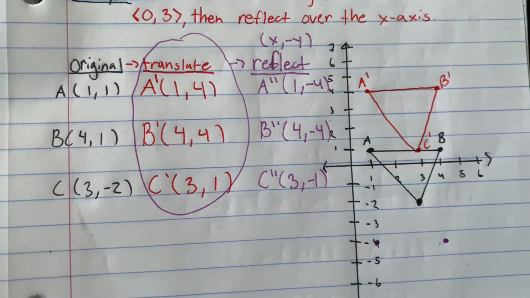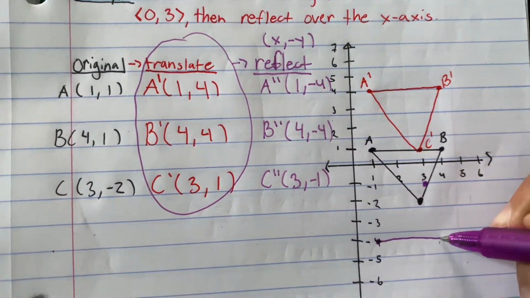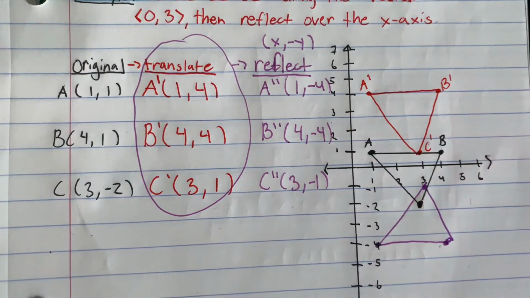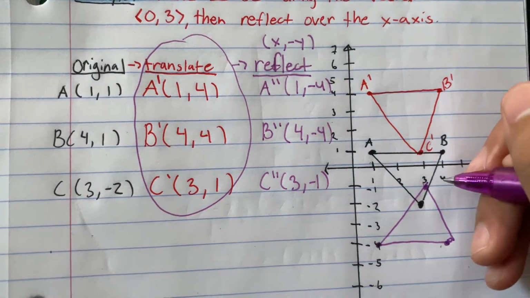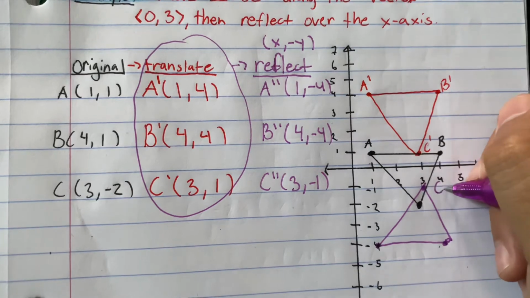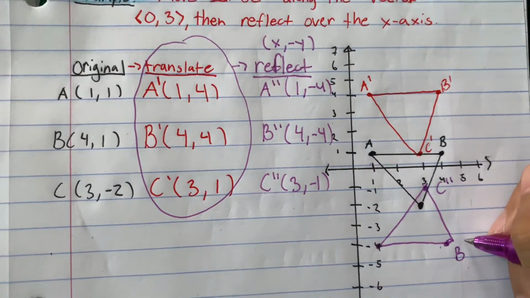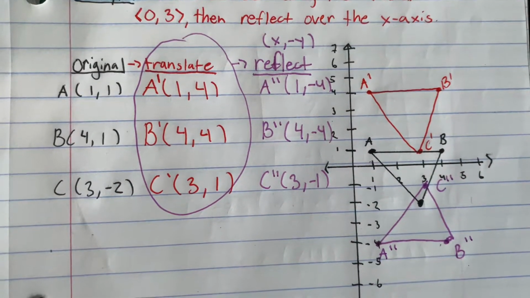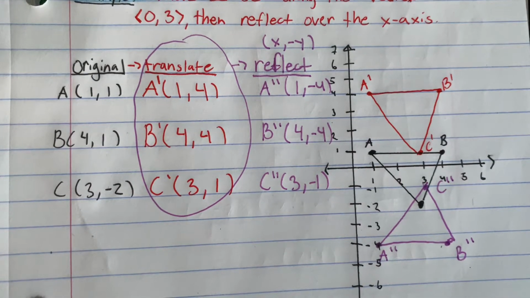And then my C is at 3 and -1. So after I did that, my final triangle, which is my purple, I tried my best, sorry, will look like that. And I'll just put C double prime, B double prime, and A double prime. And that would be our final triangle.